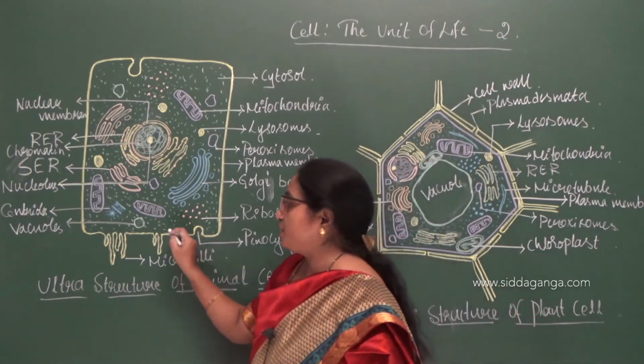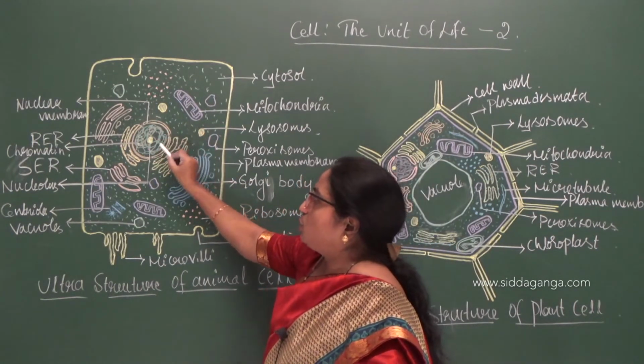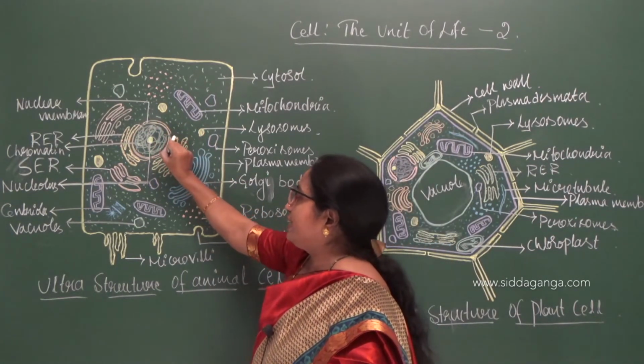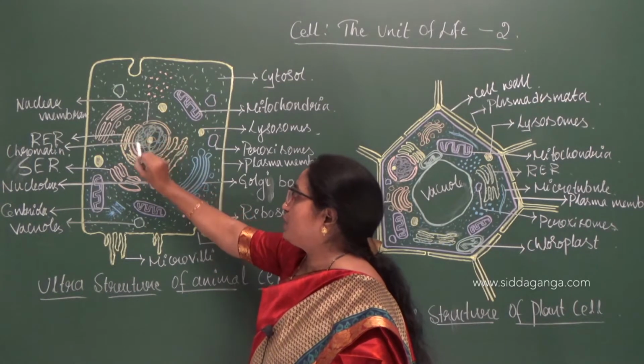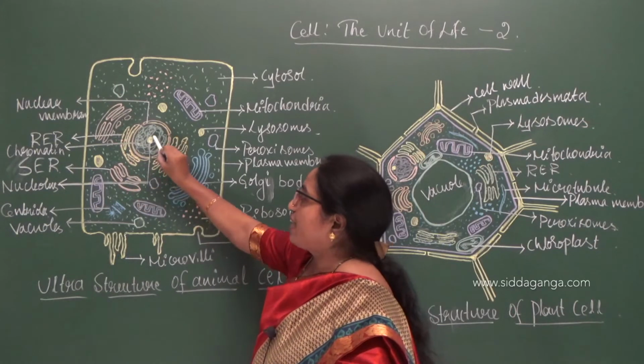They increase the surface area of the plasma membrane, and you have a nucleus at the center. So nucleus with nuclear membrane with slits, and the chromatin or the genetic material inside, and the nucleolus.